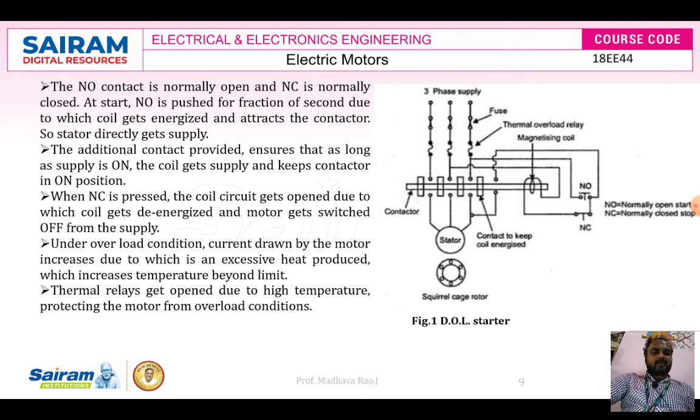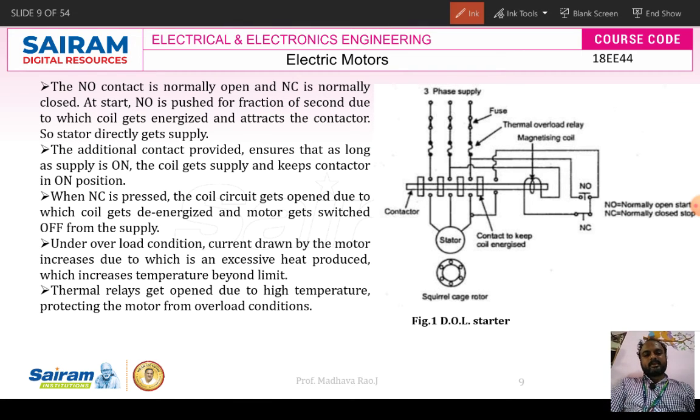When NC is pressed, the magnetizing coil gets demagnetized and the contacts open, moving away from the supply contacts. By that we can protect our induction motor.